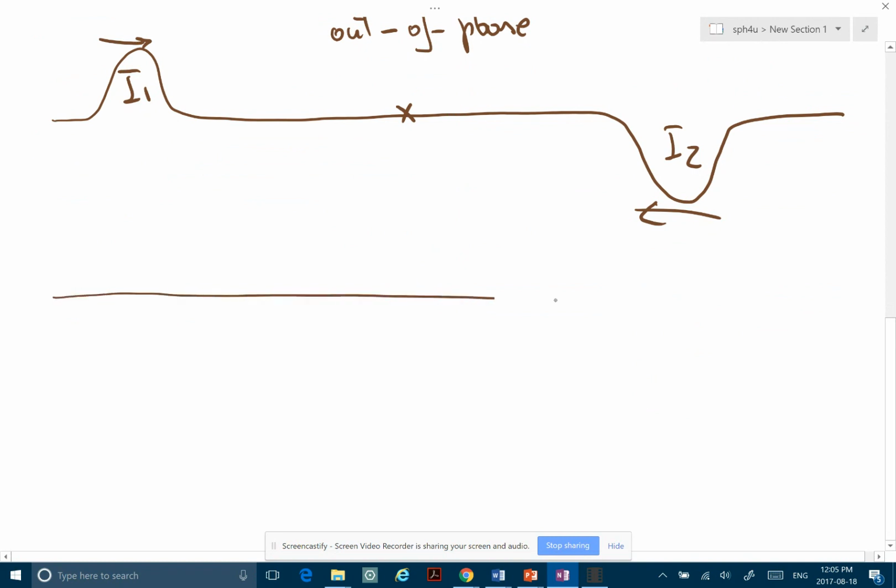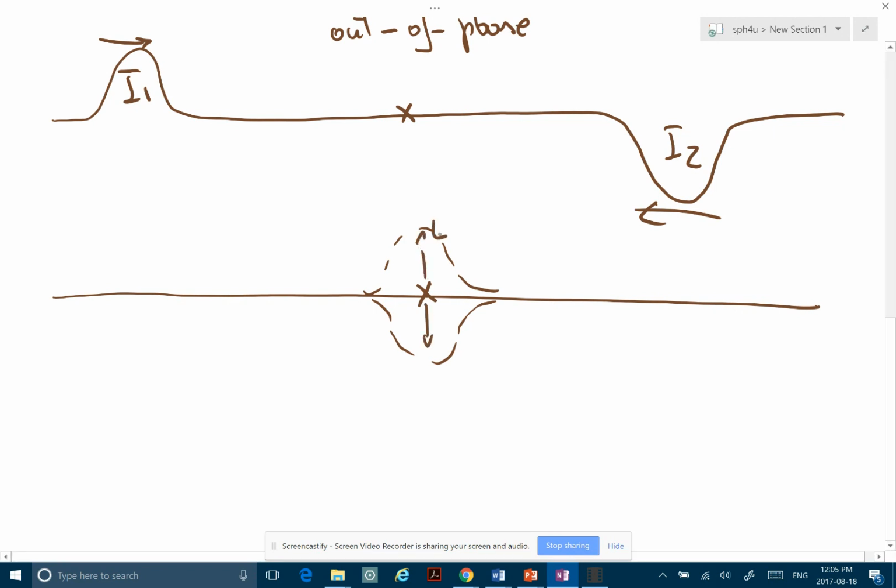When they meet each other, we have the two overlapping. Remember, it's like pulling against each other. If you're talking about electric field or magnetic field, one electric field is up, the other is down, the net electric field is 0. So it's like it's not there.